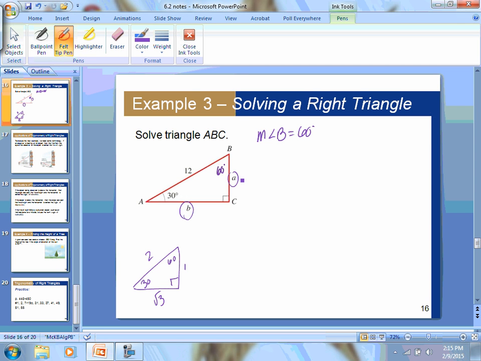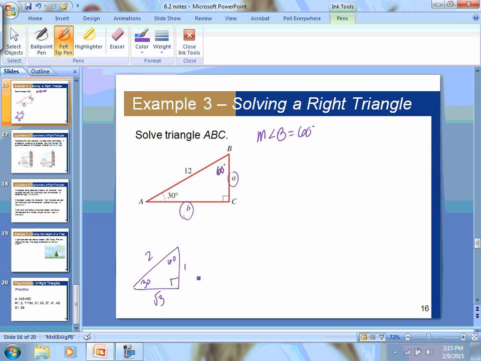I'll just pick A, just because it comes first alphabetically. We're basically going to do a ratio here. The two sides that we know from one triangle to the other are our hypotenuses. So if I take this reference triangle and multiply it by 6, I get my original triangle from the problem.